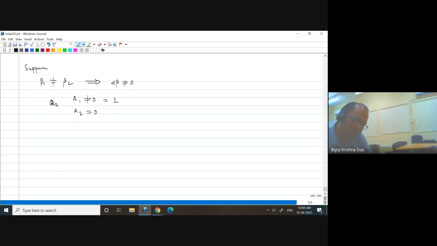Now depending on the interacting length L, and of course the coupling strength kappa, the values A3 and A4 are decided, right?